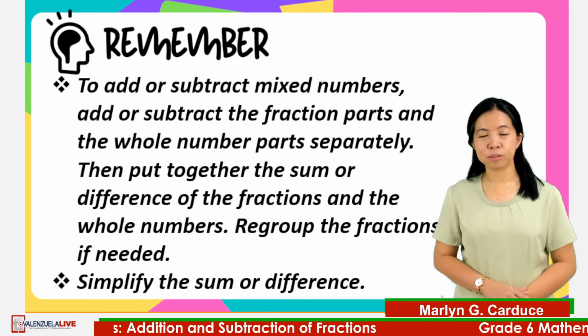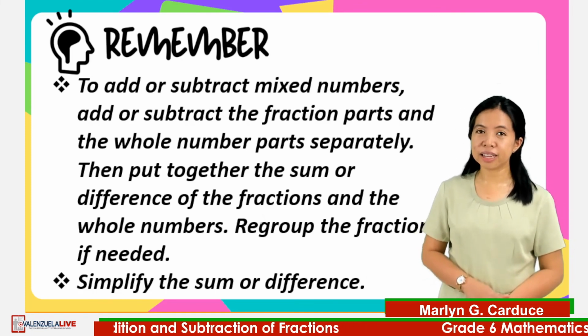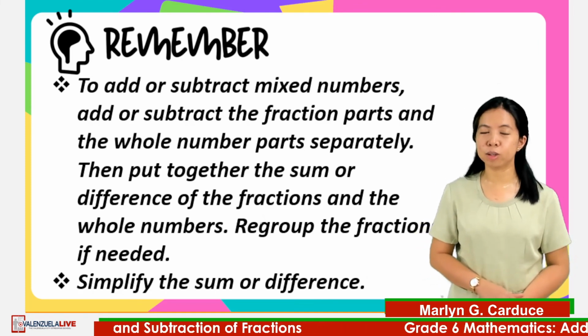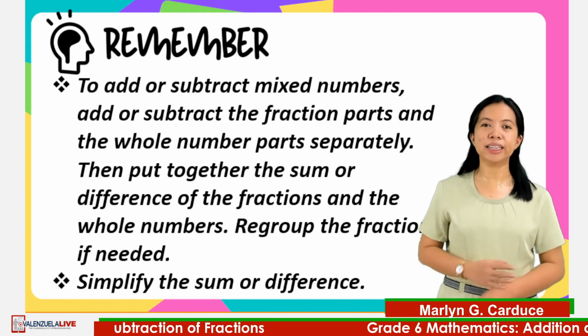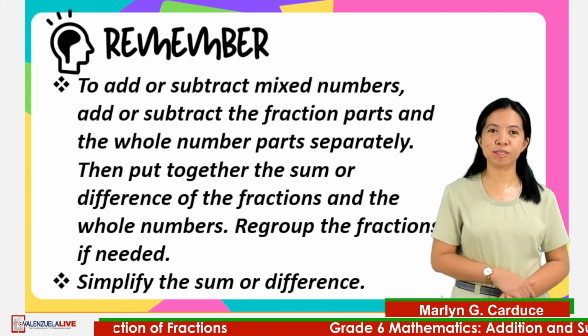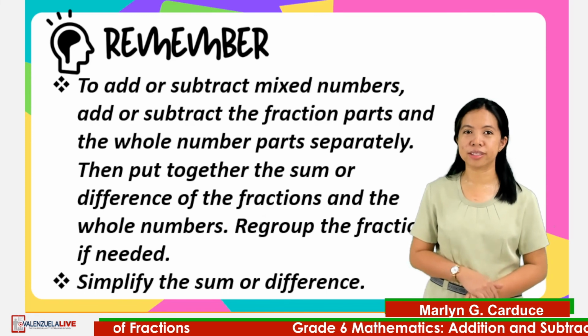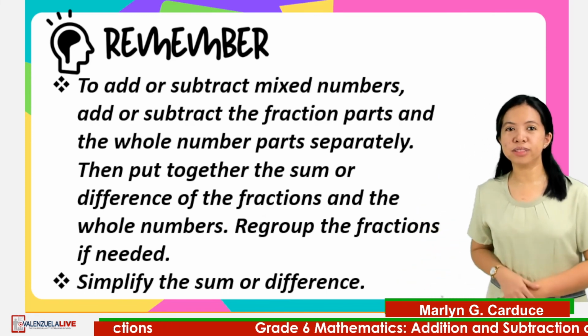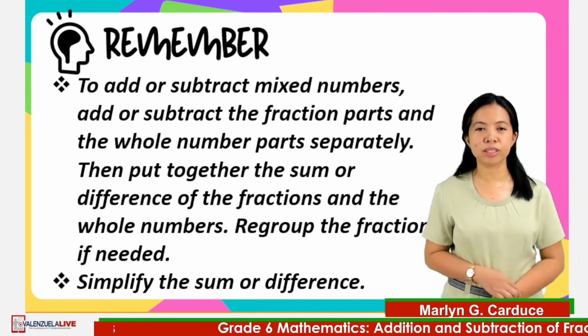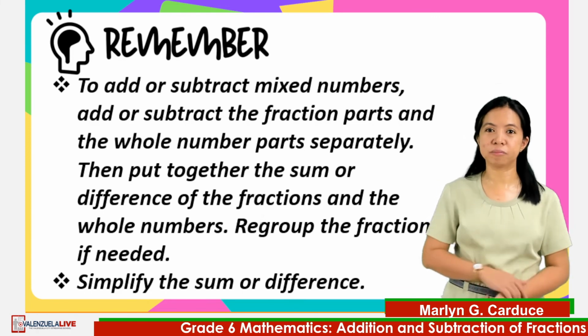And to add or subtract mixed numbers, just add or subtract the fraction parts and the whole number parts separately, then put together the sum or difference of the fraction and the whole numbers. Regroup the fractions if needed, and don't forget to simplify your answer.